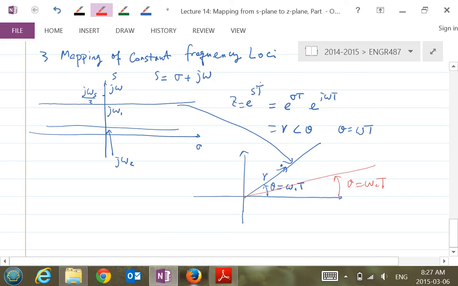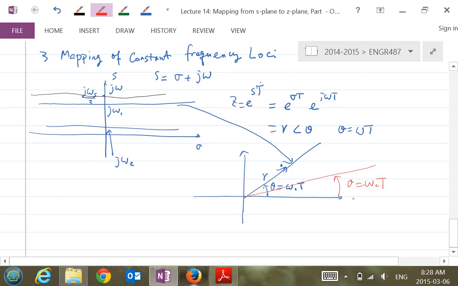What about the line passing through j omega s over 2? Where do you think this one would be mapped into in the z plane? Horizontal, but where?